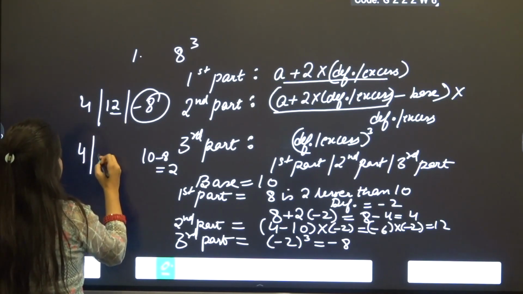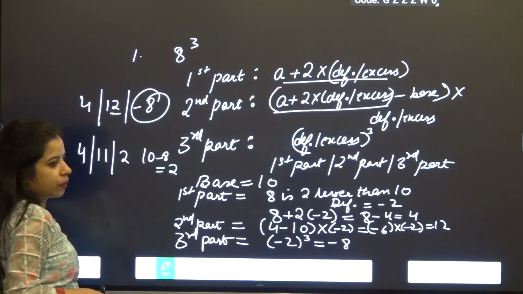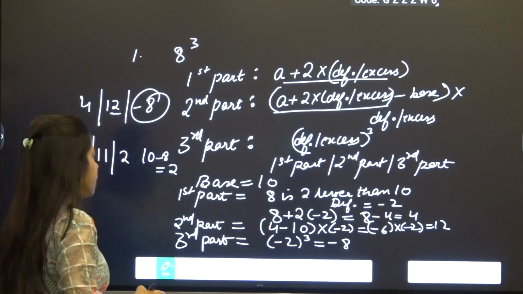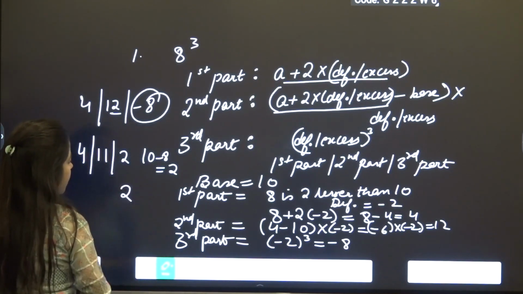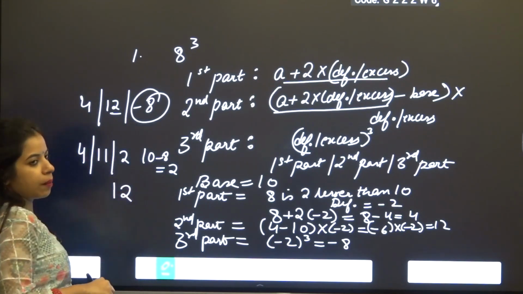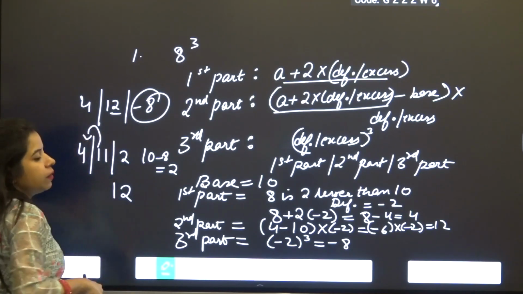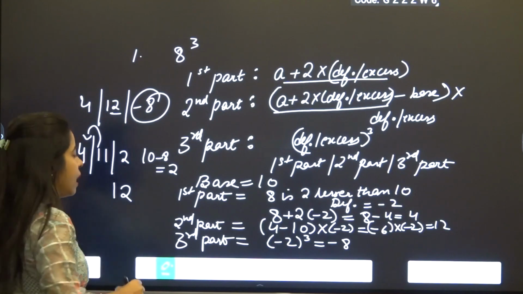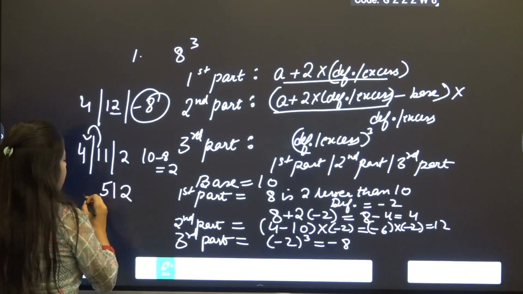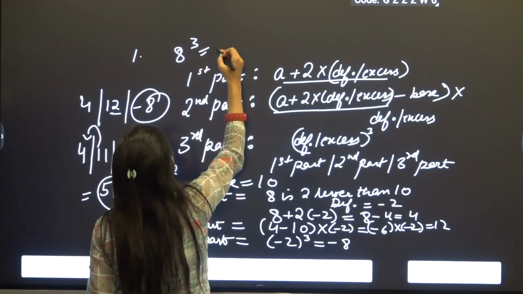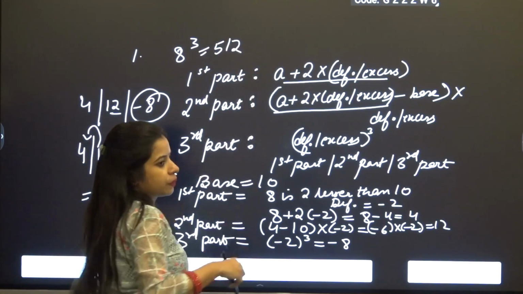So 4, 11, 2. Now I am going to apply the balancing rule. So 2 will come here as it is, 1 will come here as it is, and this one will be carried forward and this will become 5. So the cube of 8 is 512.